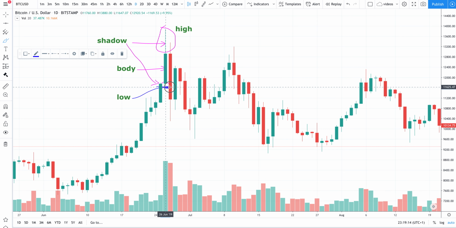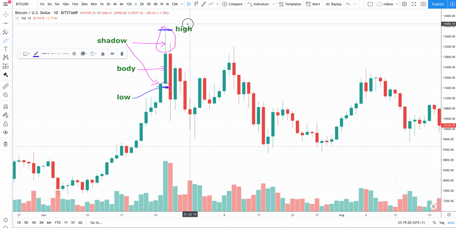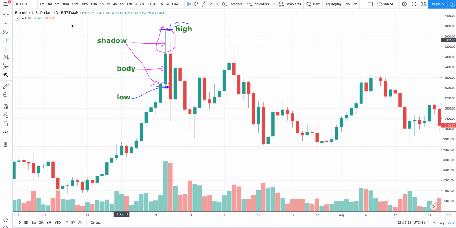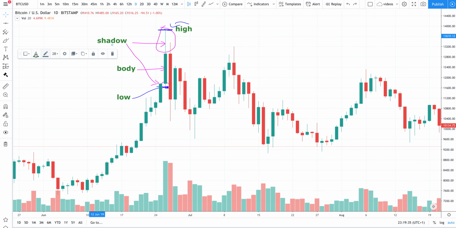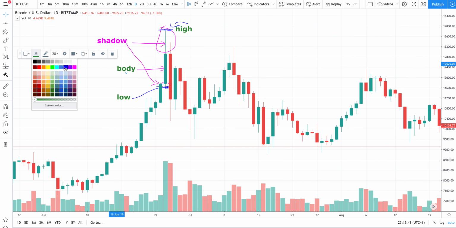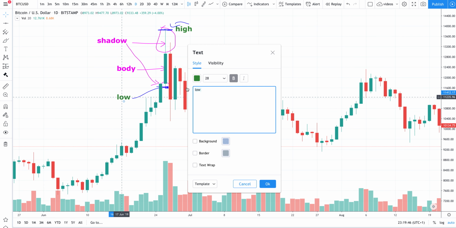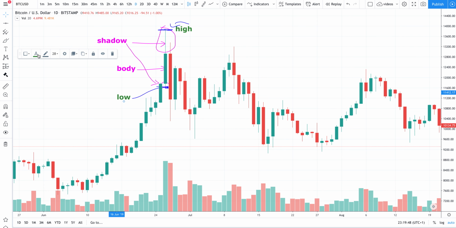This is the low, and this is the high. If you want to make a screenshot, of course you can do it, just to be clearer, as clear as possible.